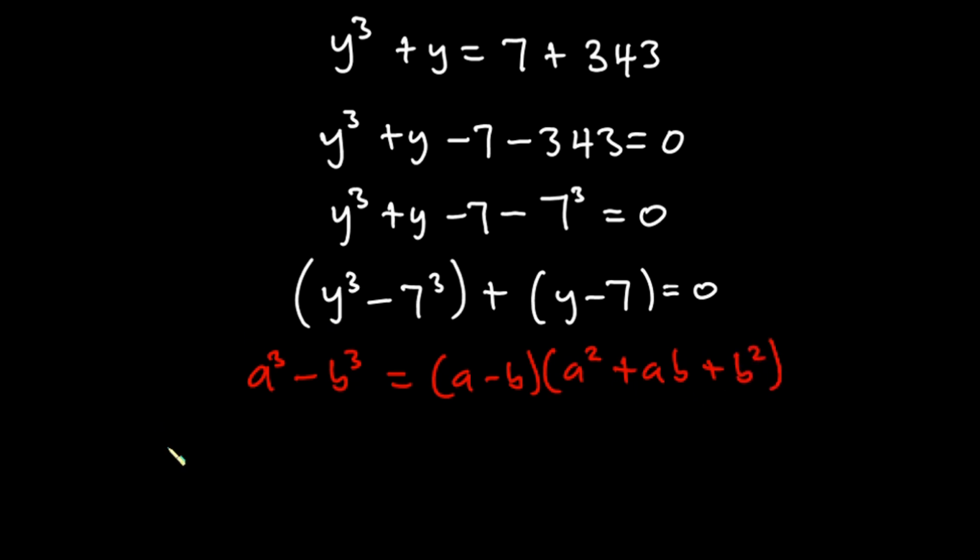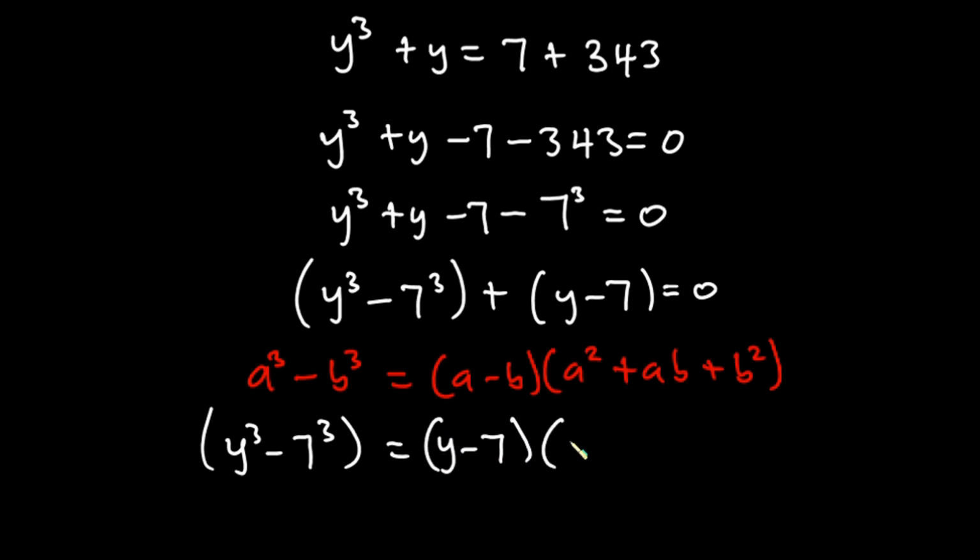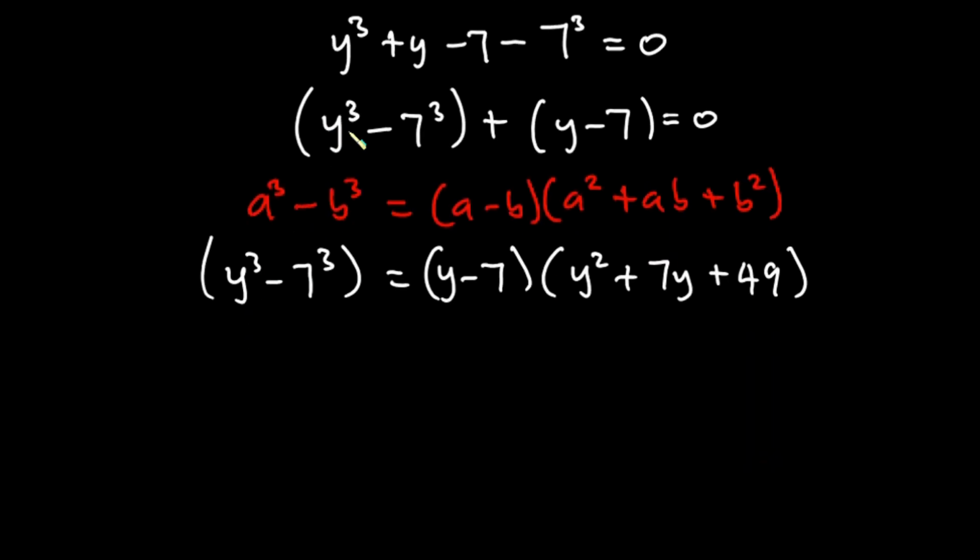So y to the third power minus 7 to the third power is equal to y minus 7 times y squared plus 7y plus 49. So in place of y cubed minus 7 cubed, we're going to put this whole thing.